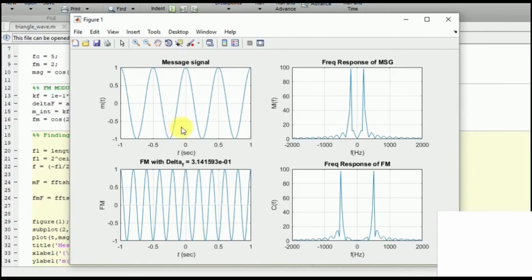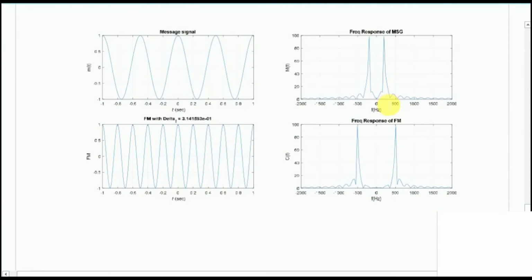The main point is that we have to observe whether this is following a narrowband or not. So if for the message signal we plot the frequency response, we observe that the main lobe in the frequency is around 250 hertz. But once we modulate it, it would be at 500 hertz.